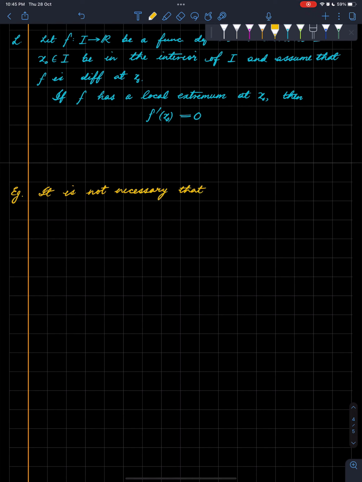that if the derivative vanishes at an interior point, then x naught is a local extrema.